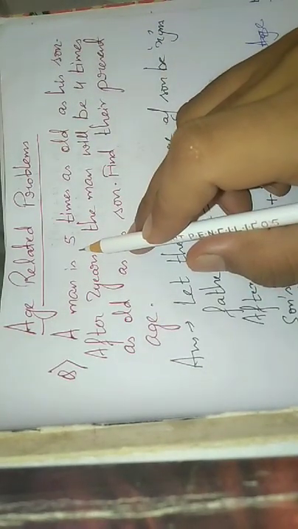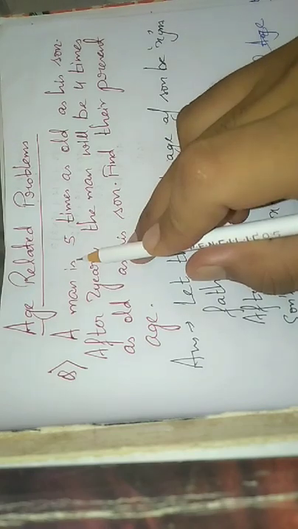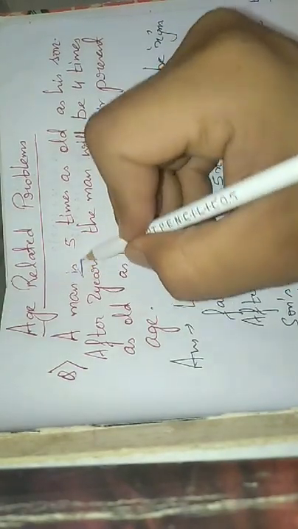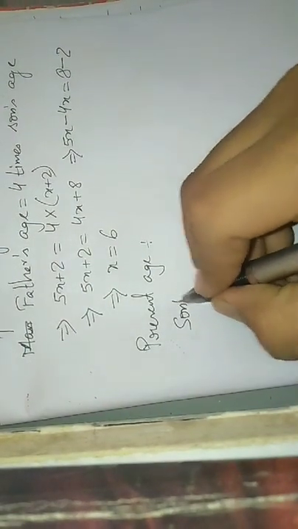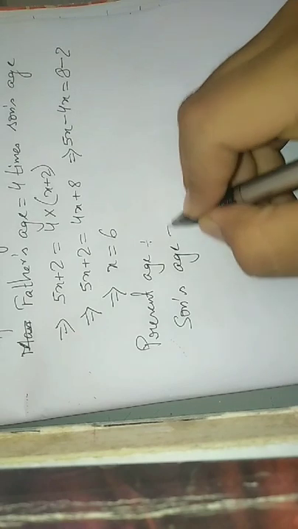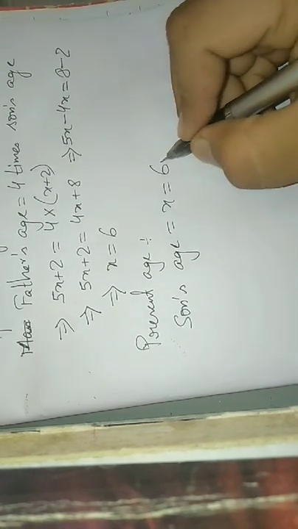They said a man is 5 times as old as his son, is right now. It is given in the present tense, so this is the present age. Present age of the son is x and the father is 5x. So present age, son's age is equal to x, means 6 years.